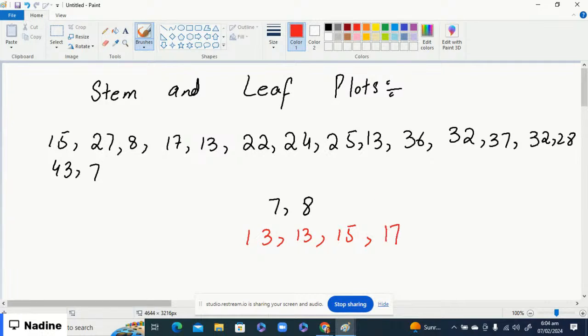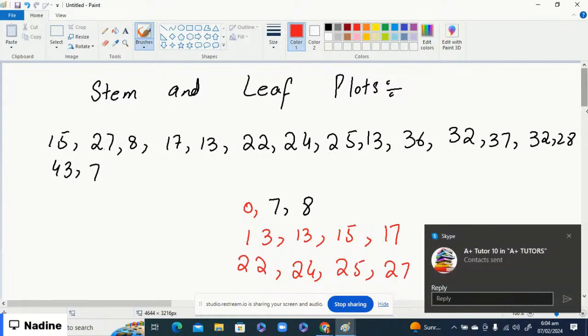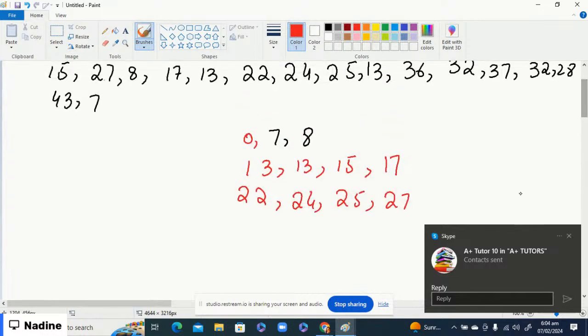Now for the 2s: it's 22 first, then 24, then 25, then 27. And that's it.